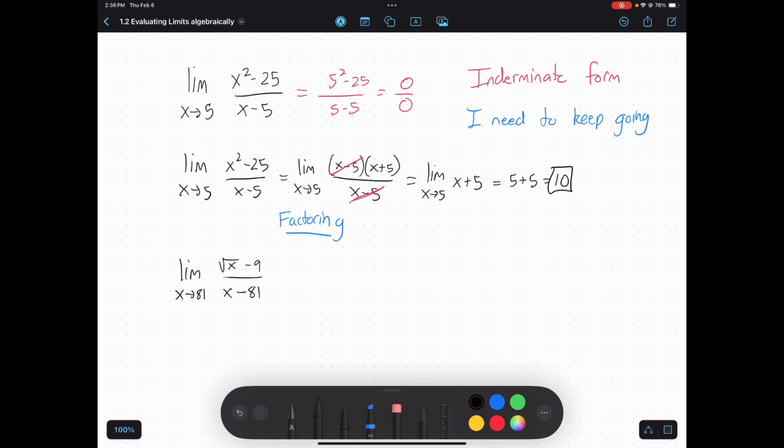What tool can I use in this situation? I can't really factor this, but I can multiply by the conjugate, if you remember that. Anytime you see a square root, this is an option for us. Just remember that if you multiply the top by a factor, you also have to multiply the bottom by the same factor. Okay, so that's another tool I have. Conjugates. I can multiply by a conjugate.